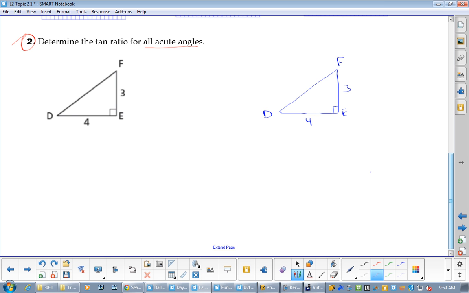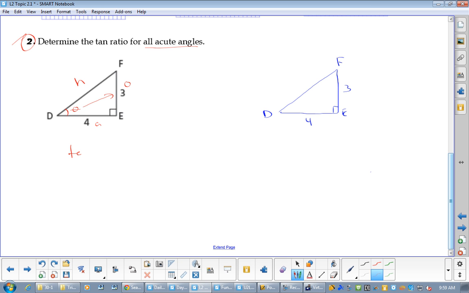So the first time, since I am finding that one, what is the 3? What side is that? That's the opposite, and 4 is the adjacent. Okay, and you can see which side has nothing to do with this question. So I'm not going to use sine or cosine.